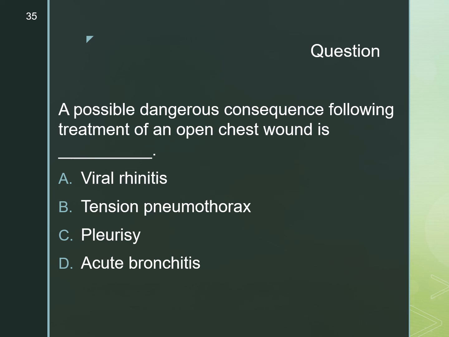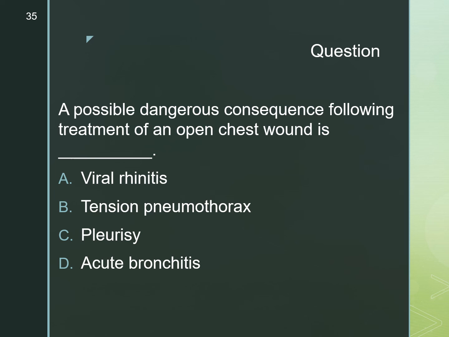This is why we use the vented dressing to allow air to escape. If we don't have that vented dressing, or if we have no dressing over an open chest wound, air can get in, but it may not be able to get back out of the lung. So if we have an occlusive dressing on there, this is what will happen. Air is able to get into the chest cavity, but it does not escape.